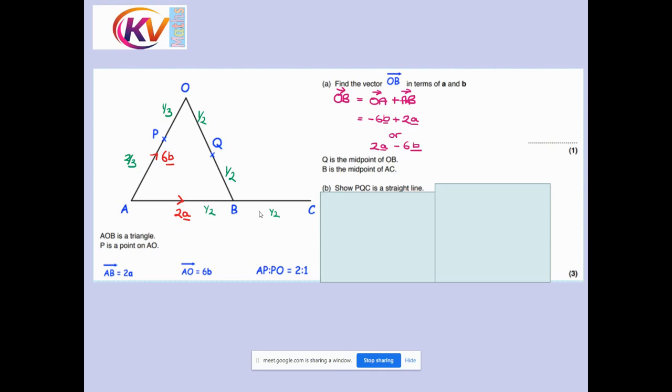Okay, so have a go at working out P to Q. So try and simplify it as much as possible.